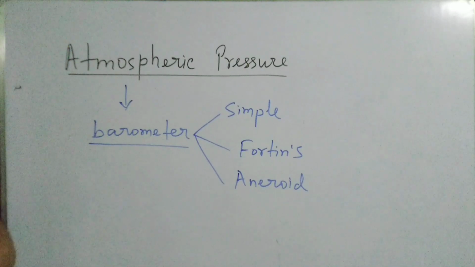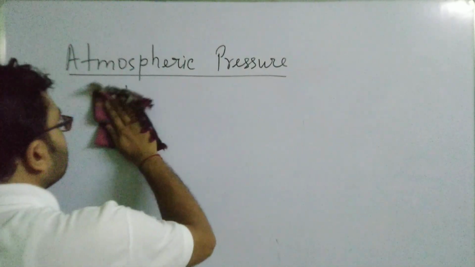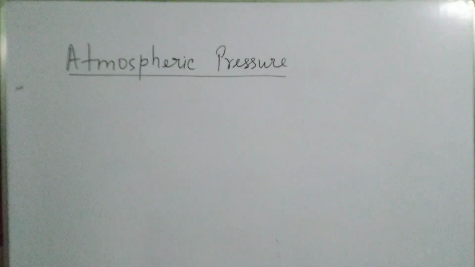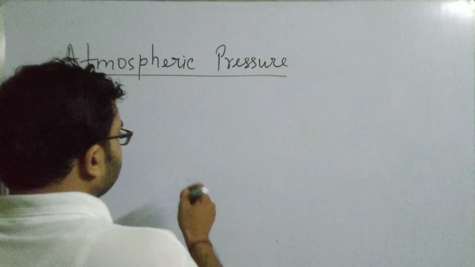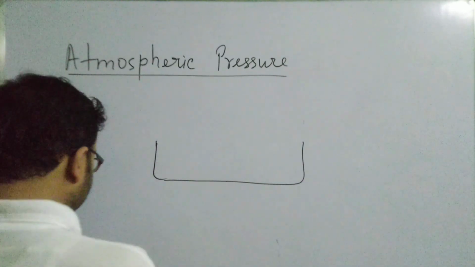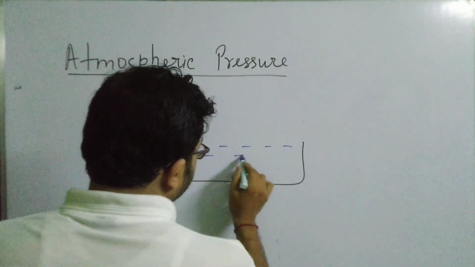In a simple barometer, we take a test tube and a trough. This is an open trough, and mercury is already present in this trough.